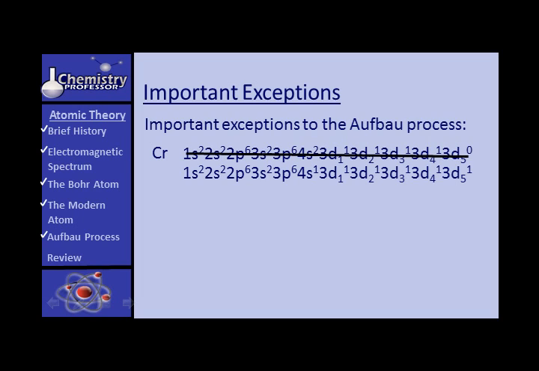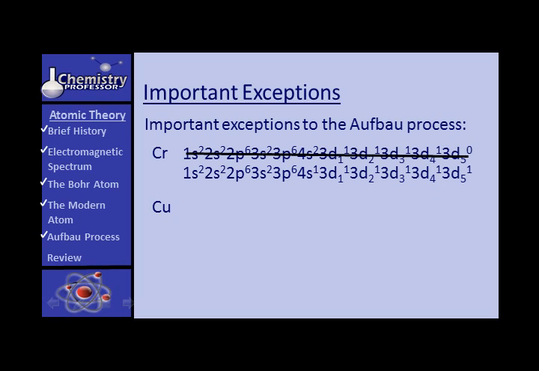So that now what we have is 1 in the 4s and 1 in each of the 3ds. So that everything, the 4s and the 3d, they're all half full. And that seems to be the desirable form that chromium takes.